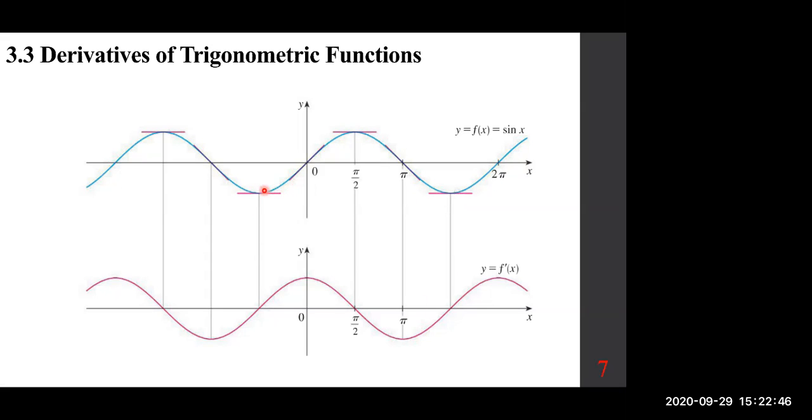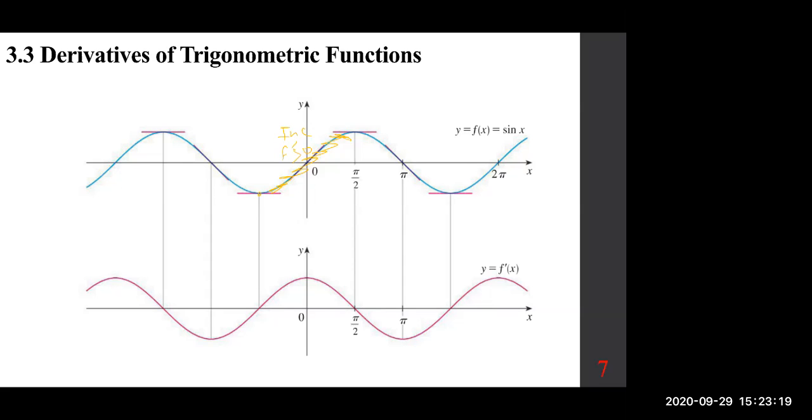So if you look at just this part, what is this? This part is increasing. You just write. So if you're looking at this part, what's going on? Increasing, f prime is above the x-axis.